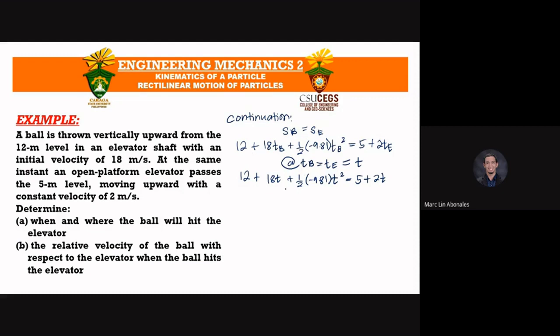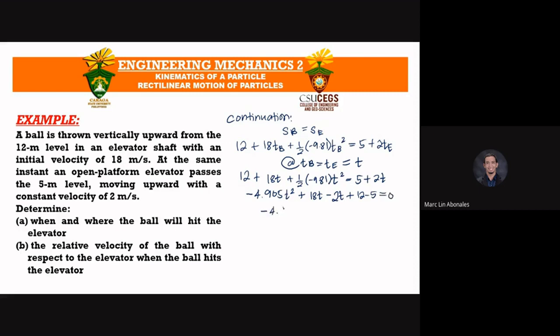So we can now solve the time. So you just only combine like terms. So this would be negative 4.905 t squared plus 18t minus 2t plus 12 minus 5 is equal to 0.